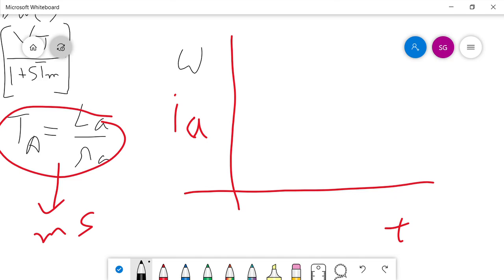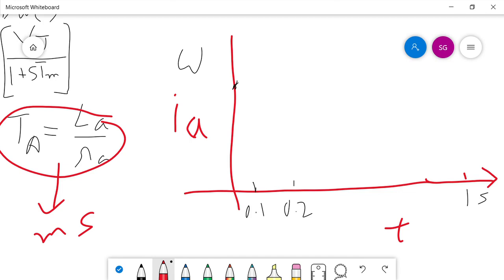Let us say this is 0.1 second, and this is 0.2, so 1 will come nearly here. So 1 second. Let us say these are in pu and they have the same value.